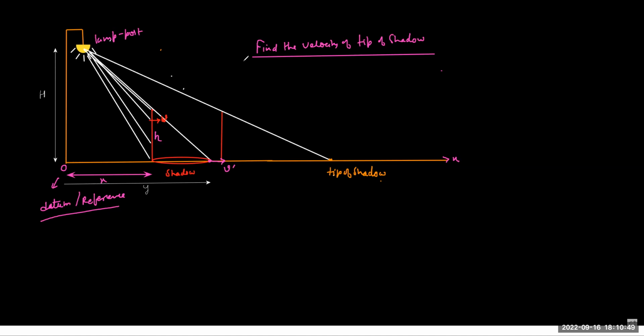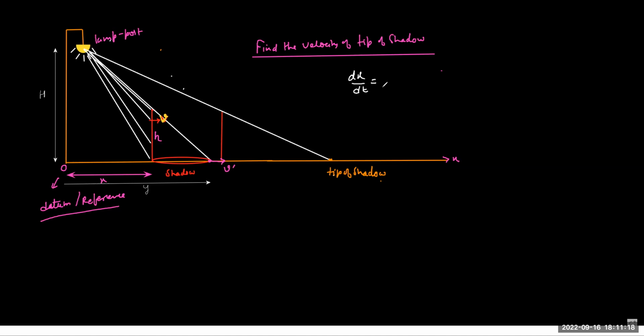Now tell me what is given to us. At what rate the x is changing? The dx by dt we can write as? Can you guess? What is dx by dt given here? The rate at which the man is moving is dx by dt, isn't it? Because x is the distance of the man from the reference.